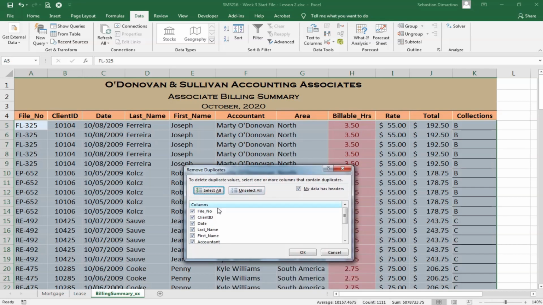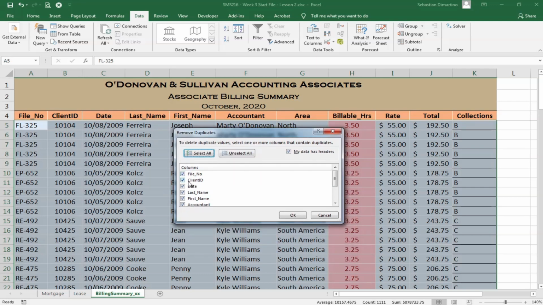When all checkboxes are selected, that means every single thing in the range has to be the same in order for it to get removed. So let's take a look. I made sure it's all selected. Click OK.